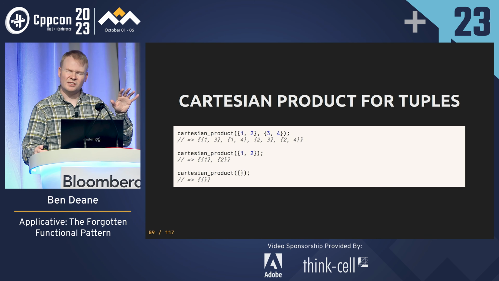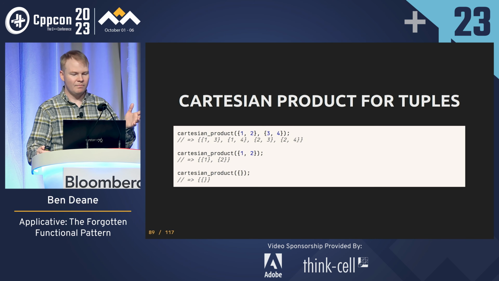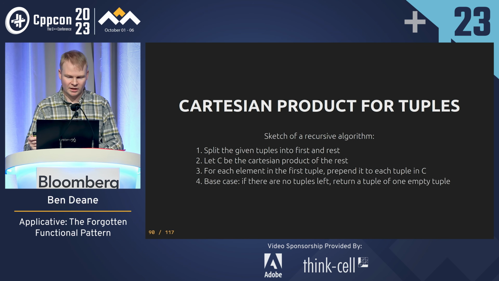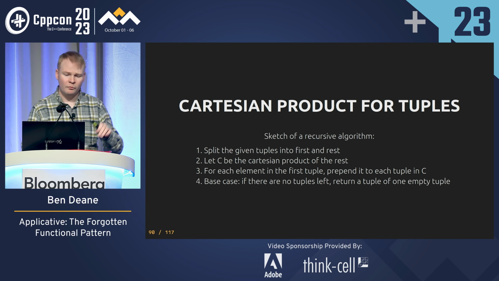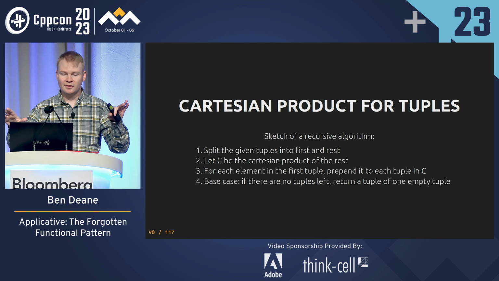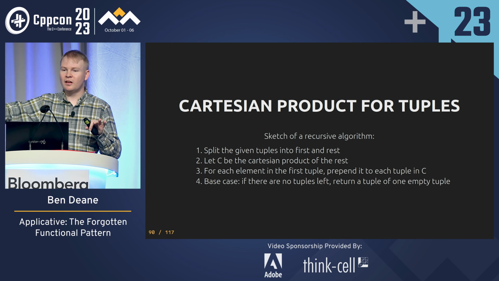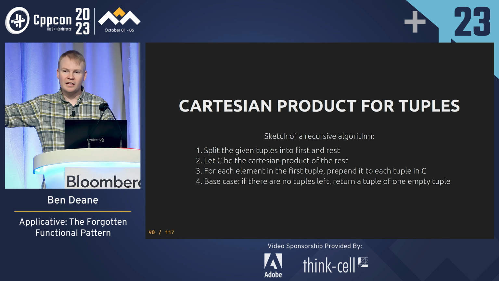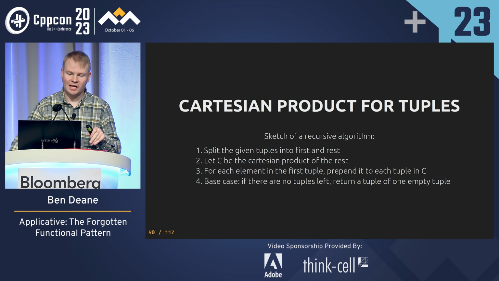And if we do a Cartesian product, we can look at this as happening recursively. So the sketch of the recursive algorithm is something like this. If we split the tuples into first and rest, and we say, let C be the Cartesian product of the rest. This is a classical recursive algorithm: we know how to do this on the rest. That's the recursive step.